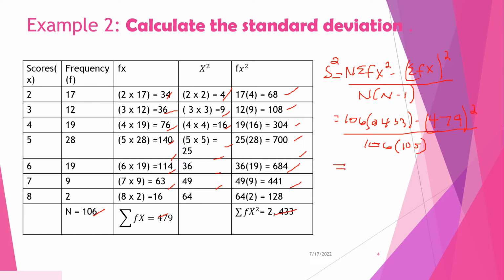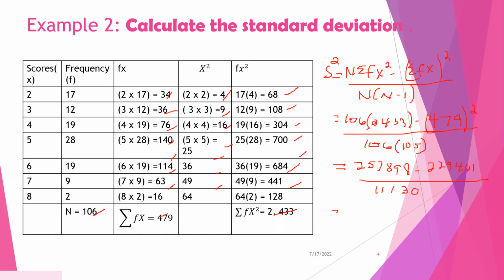We got 106 times 2,433, which is 257,898. Then we square 479, which is 229,441, over 106 times 105, which is 11,130.